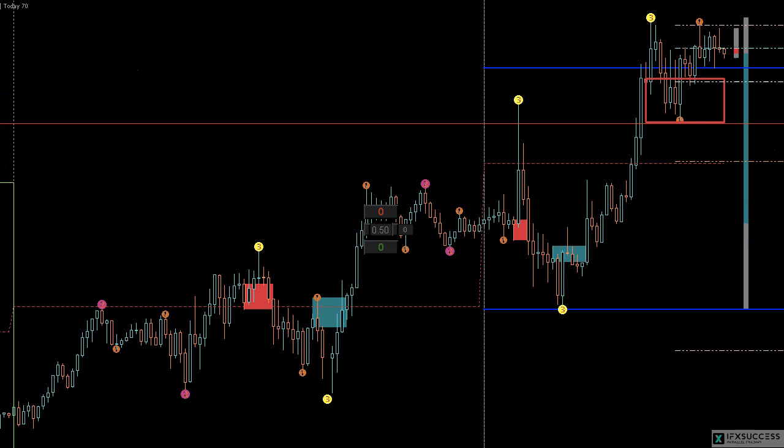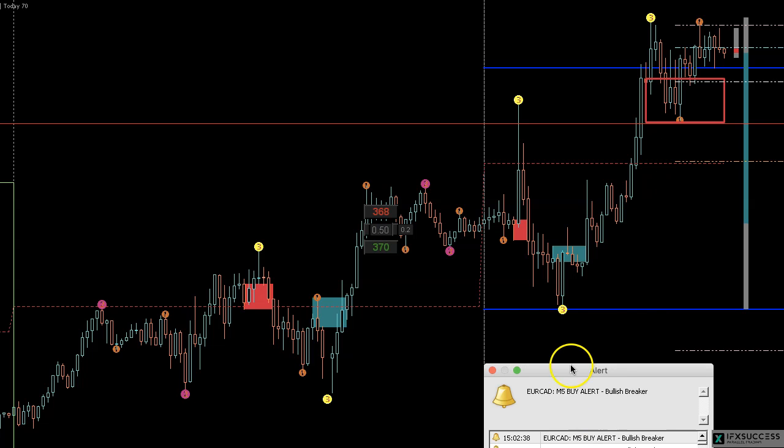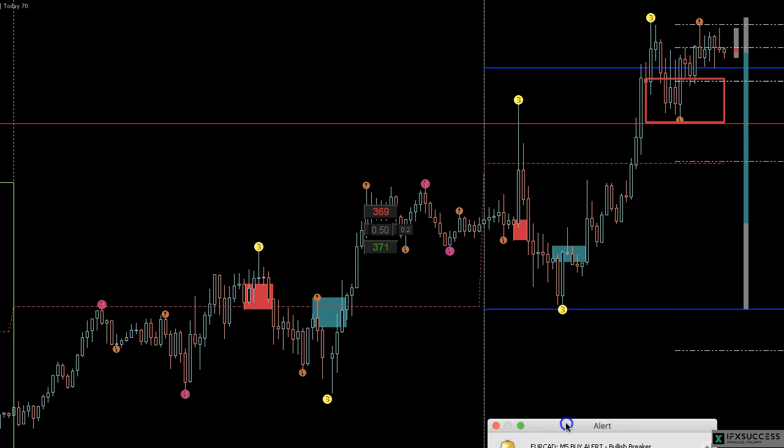So 15 minutes could be a good one, a more reliable entry instead of 5 minutes. 5 minutes would be good if you just had a fresh breaker either on 15 minutes or 1 hour, and you can give it a try when you get a 5 minute entry, right? But on anticipation or a reversal entry, I would suggest using 15 minutes.